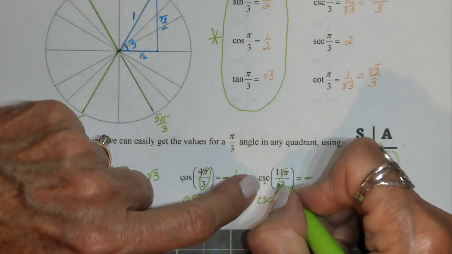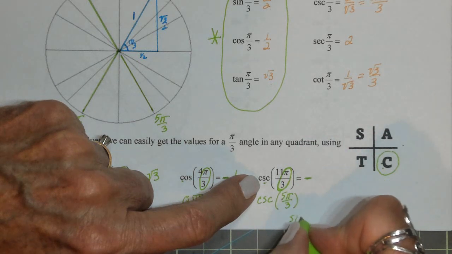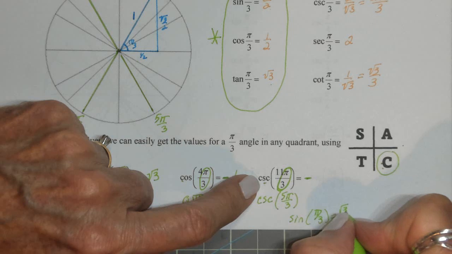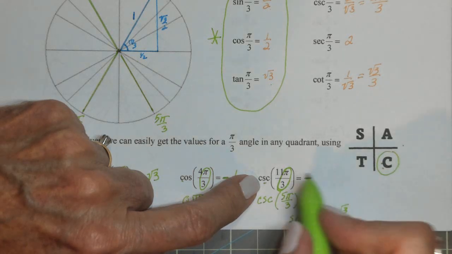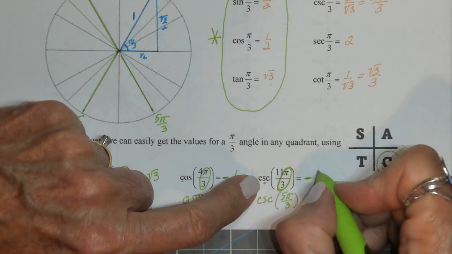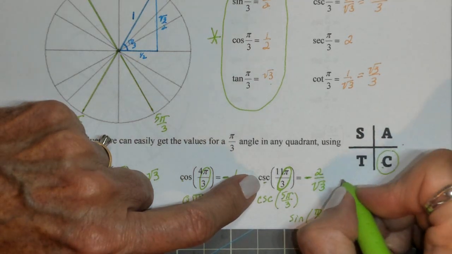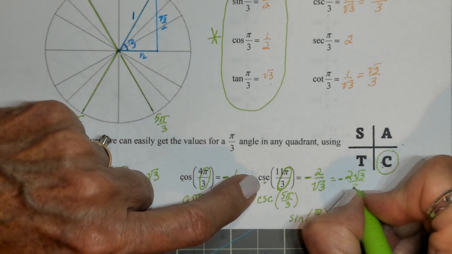It's a pi over 3. I know that sine of every pi over 3 is square root of 3 over 2. And if I know that, then I can flip it and get negative 2 over square root 3, which when you rationalize is negative 2 square root 3 over 3.